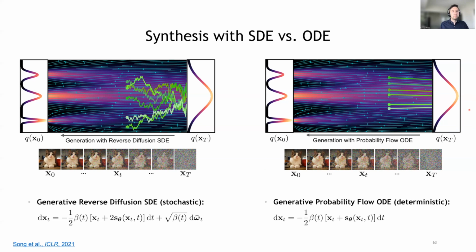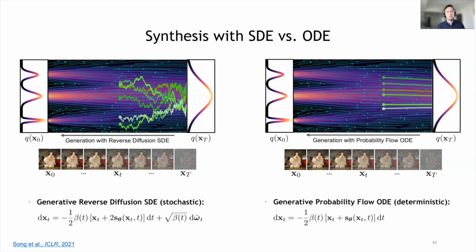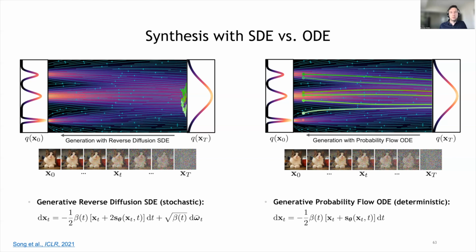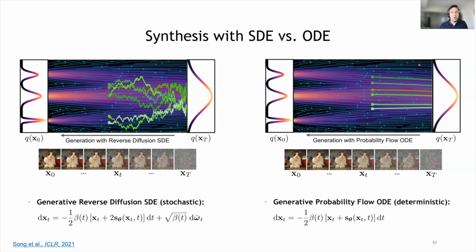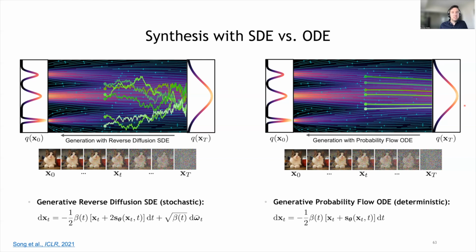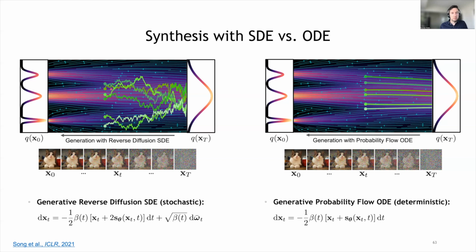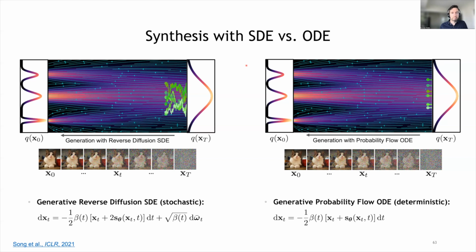While for the ODE formulation, I now have these not exactly straight, but more deterministic trajectories that still land in the modes of the data distribution, when I initialize them randomly from this prior distribution. So each individual trajectory on the right is deterministic, while here this is stochastic.